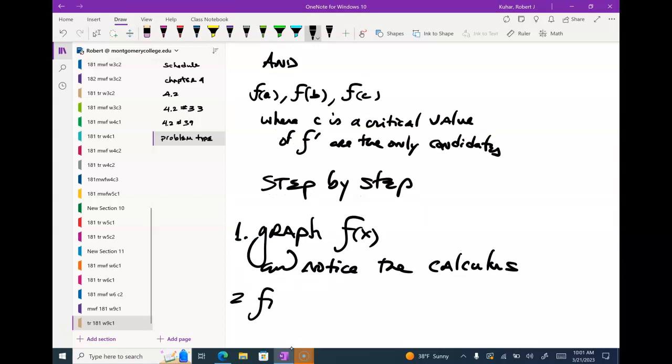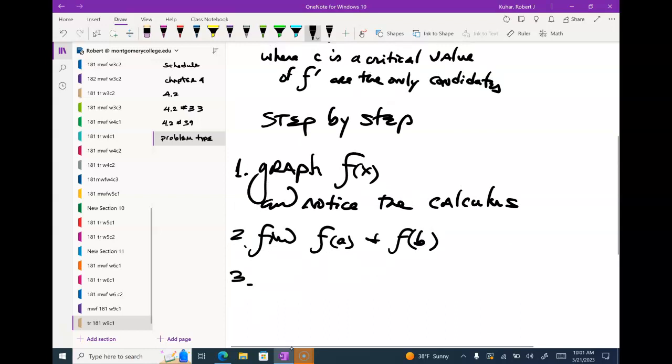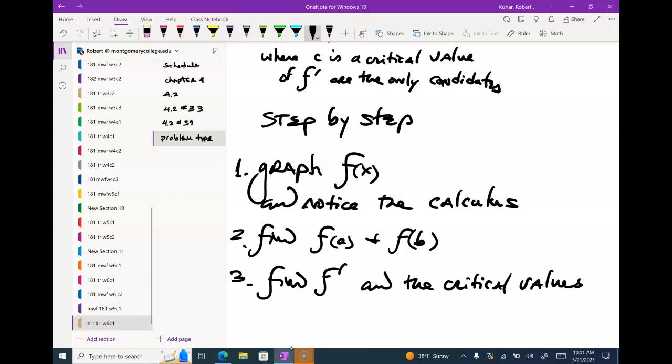Step 2, find f of A and f of B. Find the value of the function at the endpoints, right? Find f prime and the critical values that are within the endpoints.